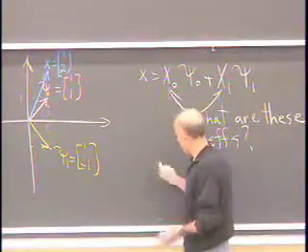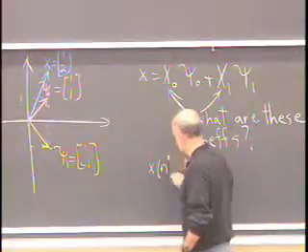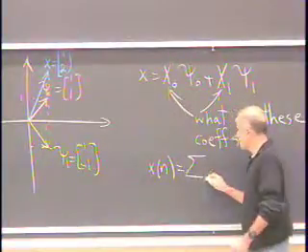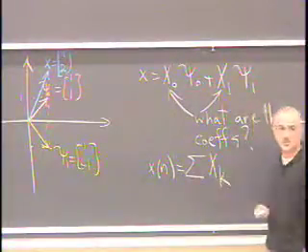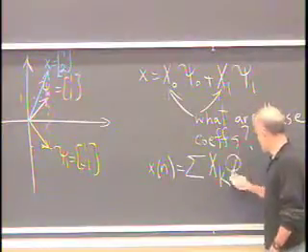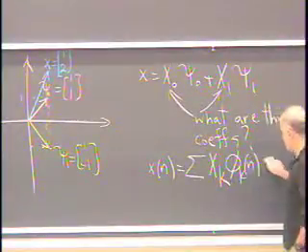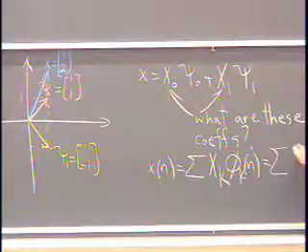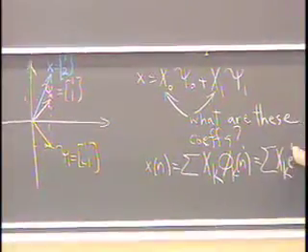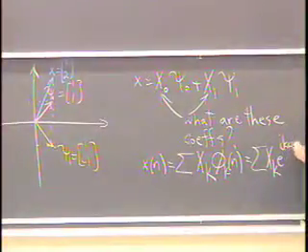So when I write x as a signal, I'm looking for the combination of phi_k, x_k, phi_k n. In other words, I'm looking at the combination x_k, e to the i k omega naught n.